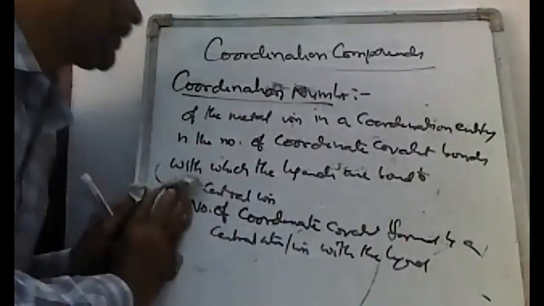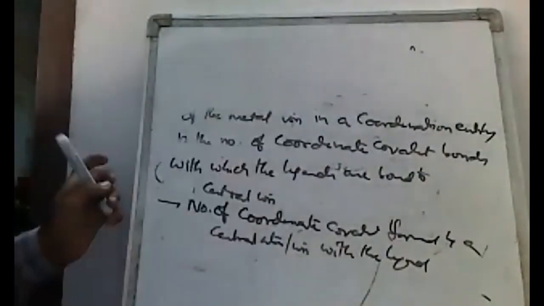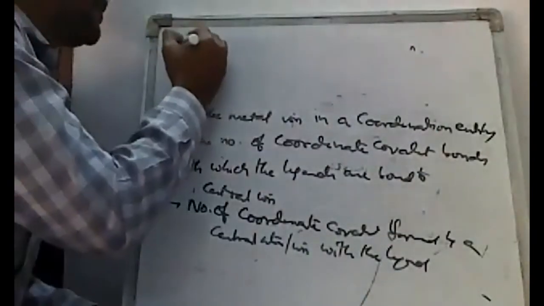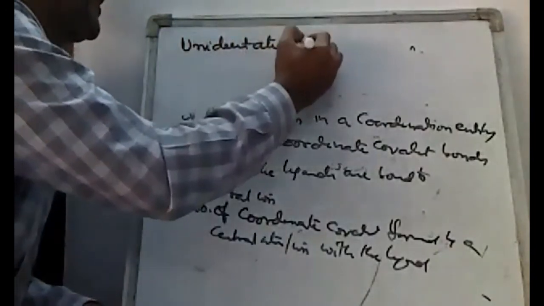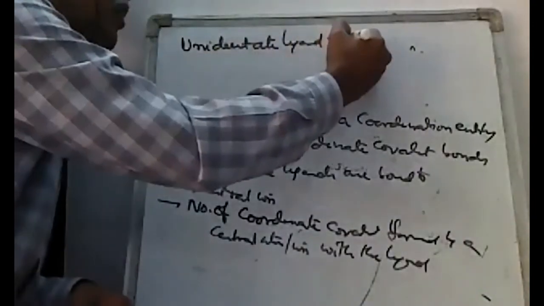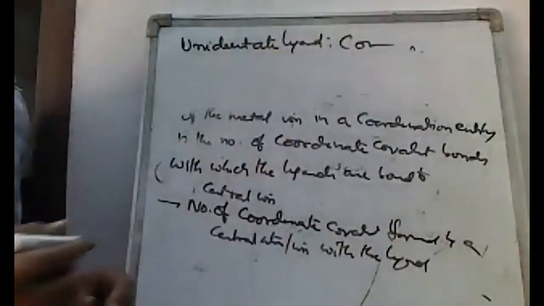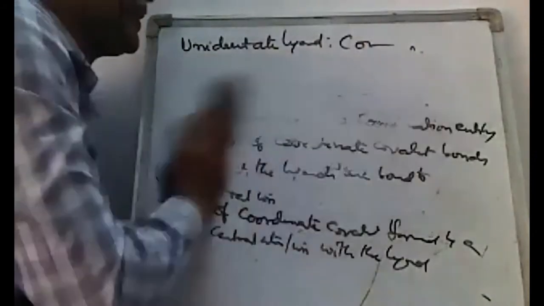If it is a unidentate ligand, then the coordination number is equal to the number of unidentate ligands, because a unidentate ligand forms only one coordinate covalent bond.